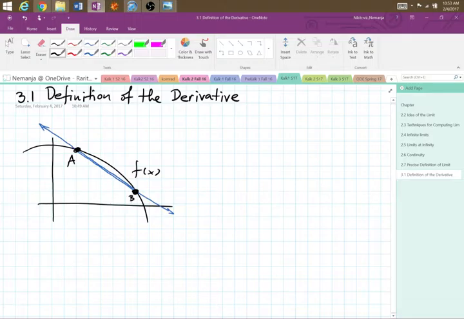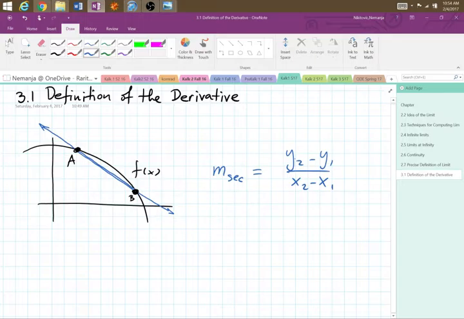And we can find the slope for that line, and we'll call that m secant, because the line is called a secant line, because in Greek that means to cut. So slope of the secant line must be y2 minus y1 over x2 minus x1, and those are the points from here.